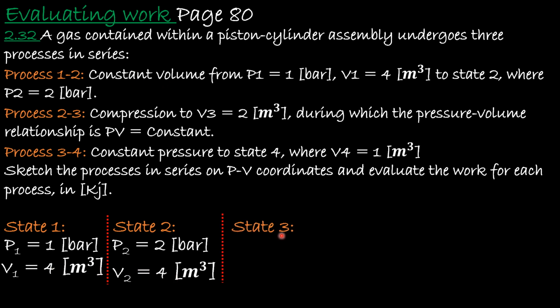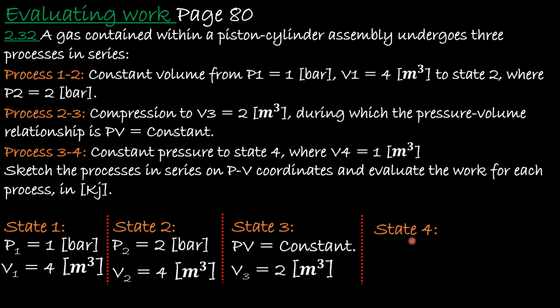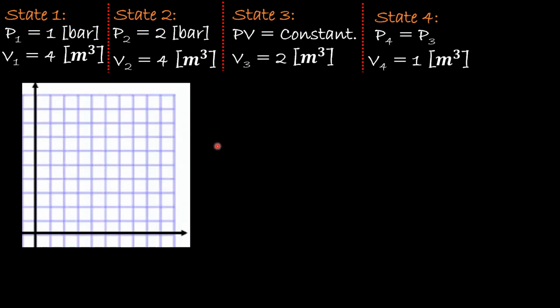At state 3, pressure 3 will be determined by the relationship PV equal constant, and the volume of the gas at state 3 is 2 meter cube. At state 4, the pressure will be the same as pressure 3 because it's a constant pressure, isobaric process, and the volume will decrease to 1 meter cube. So on the top, we have what is given.